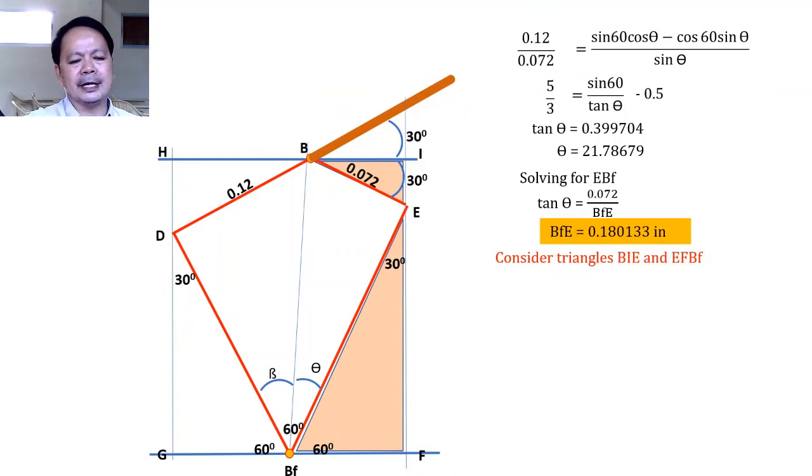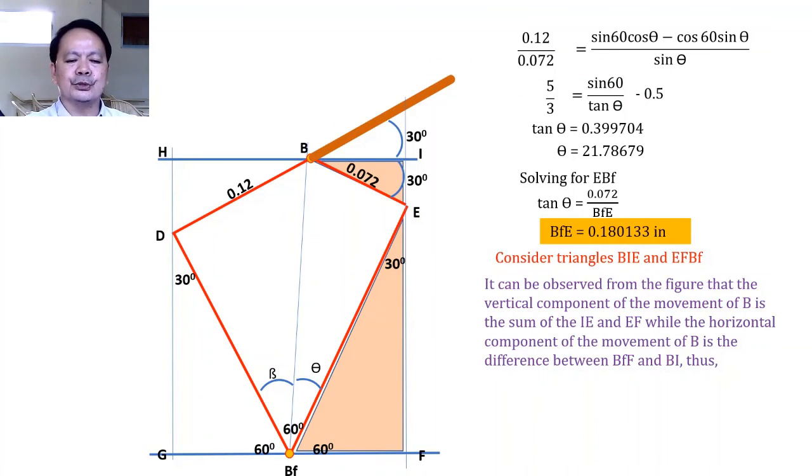Okay? Now, from that triangle, makikita natin yung ating hinahanap because we are going to observe the triangle. The vertical component of the movement of B from this point up to that point is actually the sum of IE and EF. While the horizontal component of the movement of B, galaw nito mula dito hanggang ganyan, is the difference between BF to F and BI.